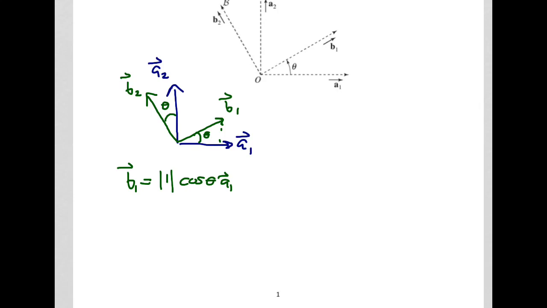And so we can continue in that process, and to project it onto the A2 axis, right here, then this is going to be a unit vector of 1 times sine theta in the A2 direction. And so we don't need our 1s, so we can say this is cosine theta in the A1 direction plus sine theta in the A2 direction.